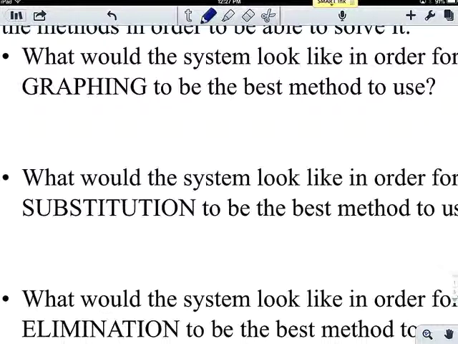Well, we know that graphing is easiest if we don't have to put anything in y equals mx plus b form first.